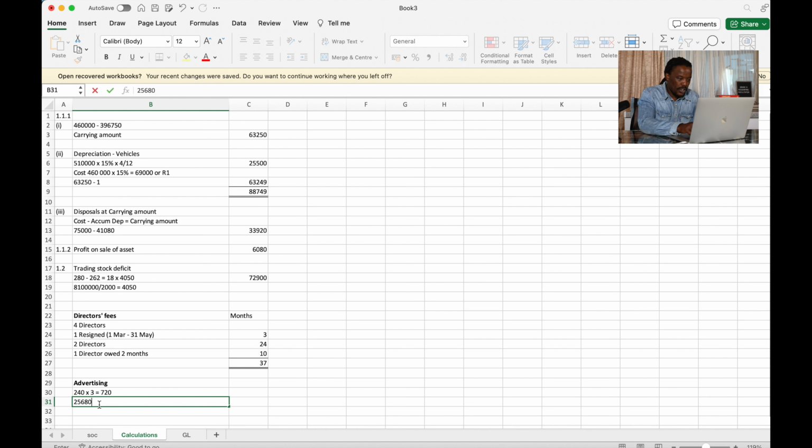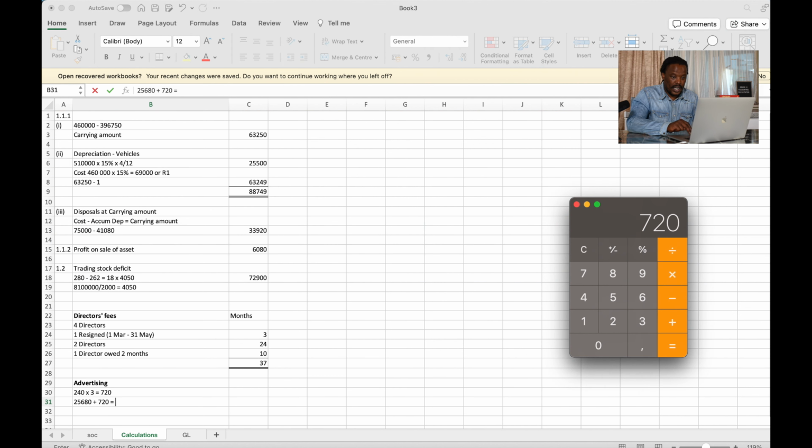Advertising is an amount of 25,680, assuming that there was no decrease, plus 720, which is equals to 26,400.